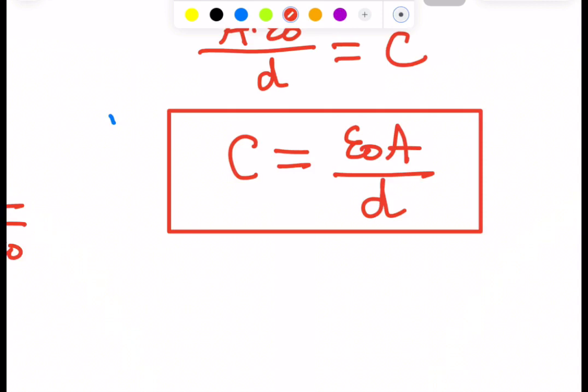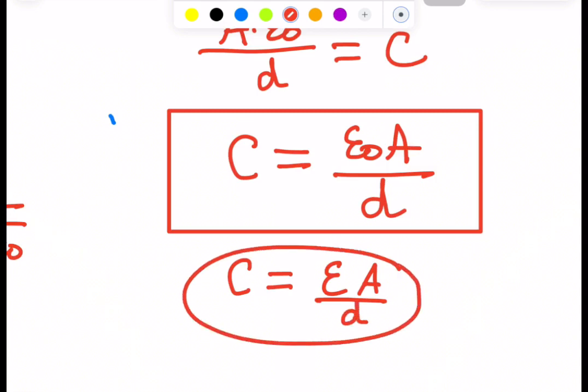Suppose instead of air, any other medium is present, its permittivity is simply written as epsilon, so the capacitance is epsilon A by d.